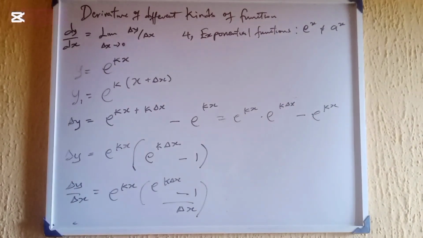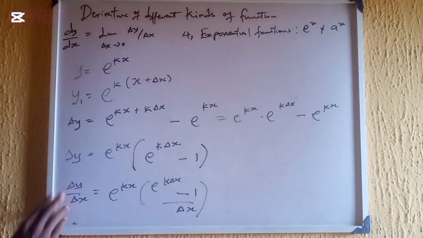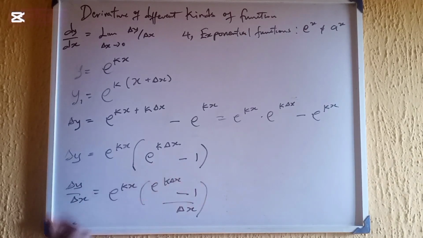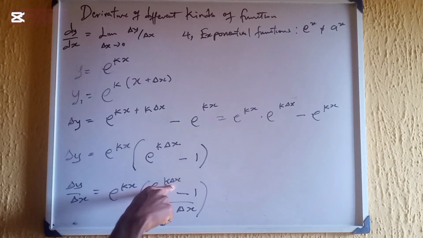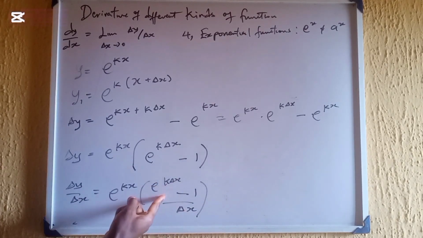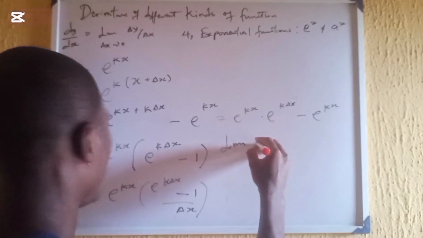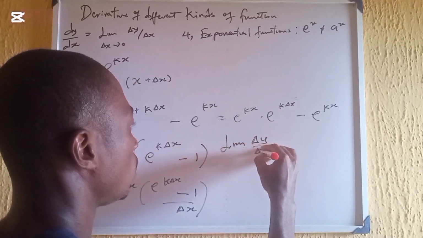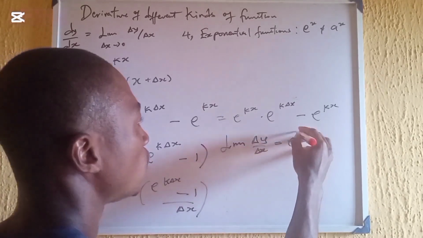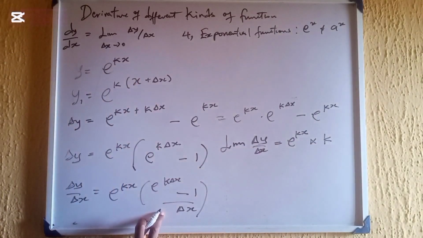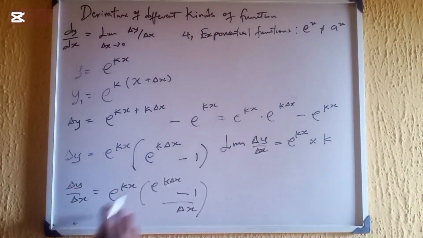x. So if we take the limit of change in y over change in x as change in x approaches 0, there is no change in x for this guy, so it is a constant. We treat it as a constant. But we have change in x and we have change in x. And when we take the limit as change in x tends to 0, we'll be getting k. So it means that the limit of change in y over change in x is equal to e to the power kx times k. That's k for this guy and this for this guy.